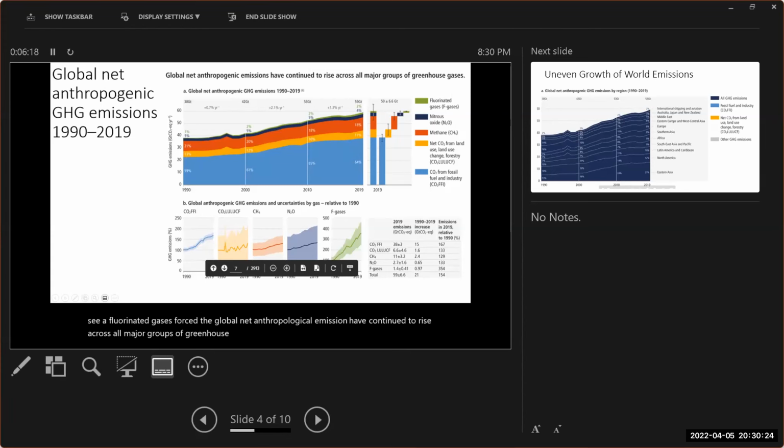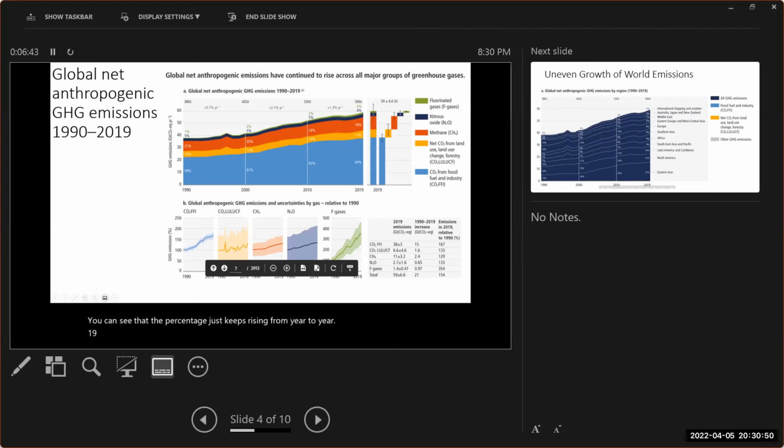These are the greenhouse gases: fluorinated gases, nitrous oxide, methane, carbon dioxide from land use and land use change, forestry, and carbon dioxide from fossil fuels and industry. You can see that the percentage just keeps rising from year to year.